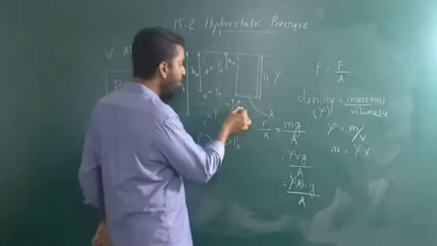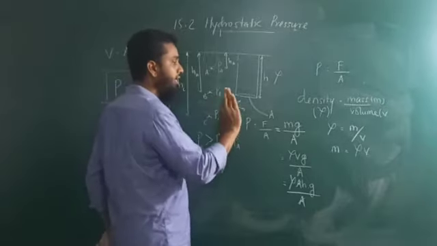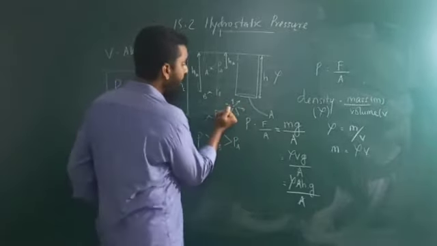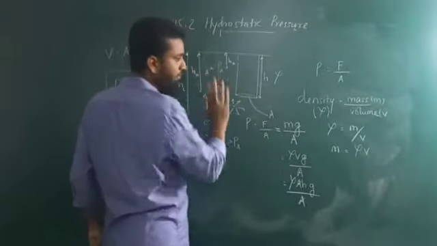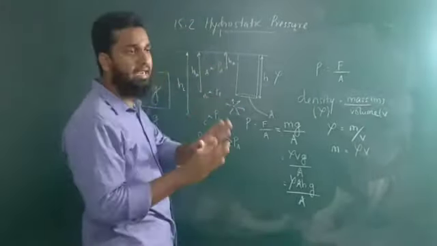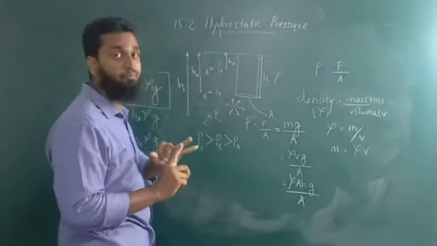Not in one direction only, no. In all the directions the pressure is going to be exerted, right? The value of the pressure exerted by the liquid column in all the directions is equal. If you keep your head like this or like this or like this, no problem. The pressure exerted on your head is going to be equal in all the directions. The second very important point.